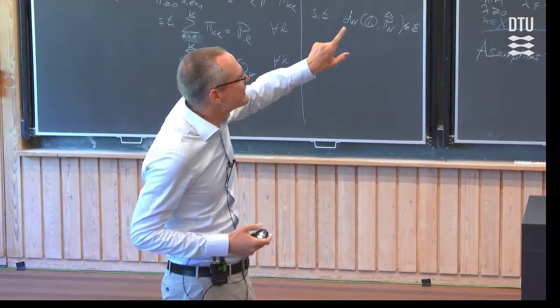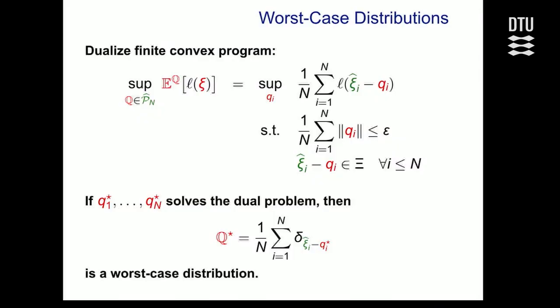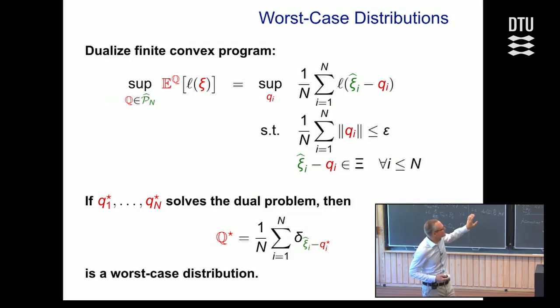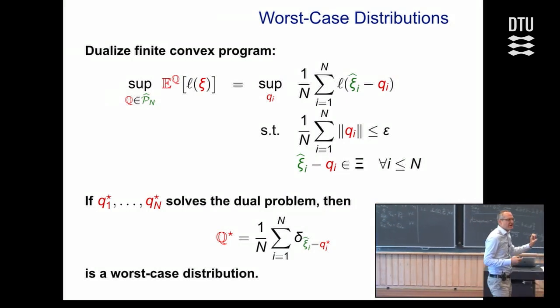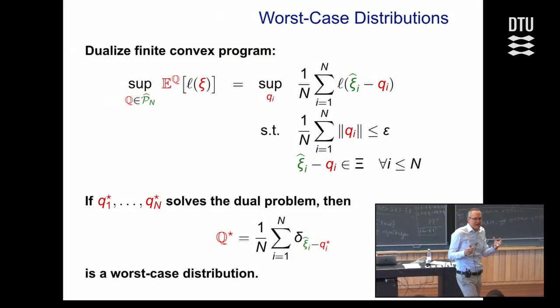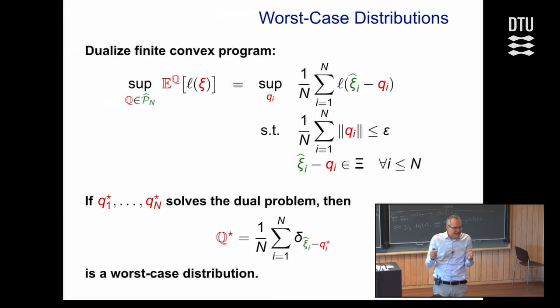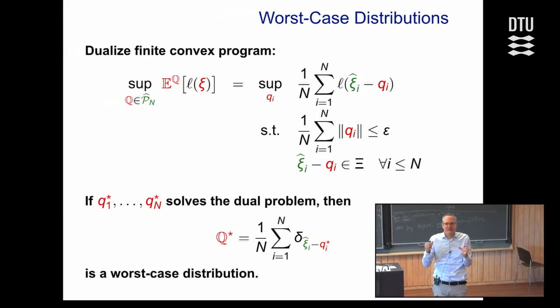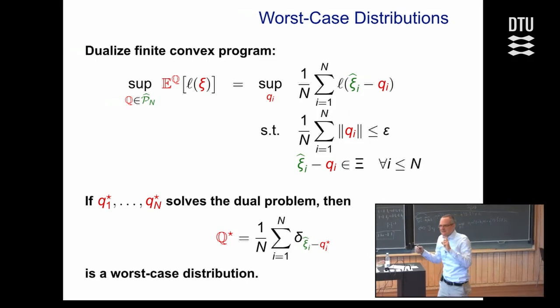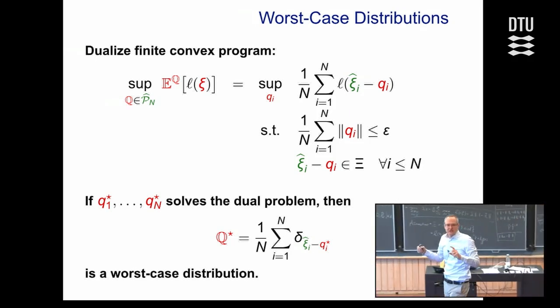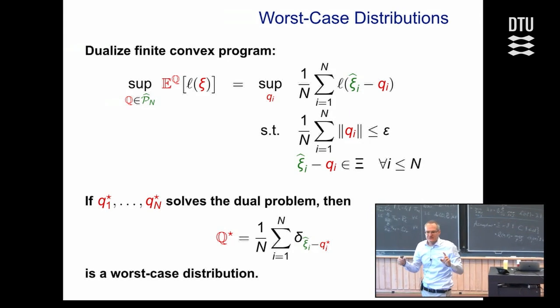Now, this problem has a very interesting interpretation. This problem can be interpreted as a worst case expectation problem, where again you take the worst case over a set of distributions that have a Wasserstein distance of at most epsilon from the empirical distribution. But this time, you don't look at all distributions supported on Xi.